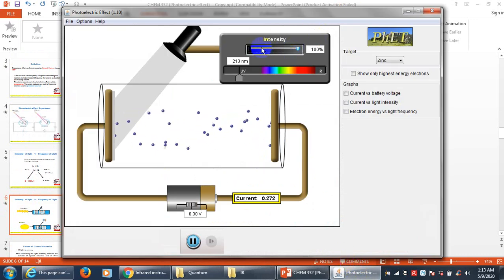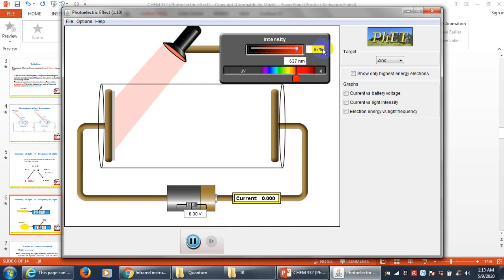If we consider any system here, the light is coming from the source and falls on the surface of the cathode, and we change the intensity and we change the wavelength. So how are they affecting? For example, this is the lower intensity. We increase the intensity of red light, but no current is produced.